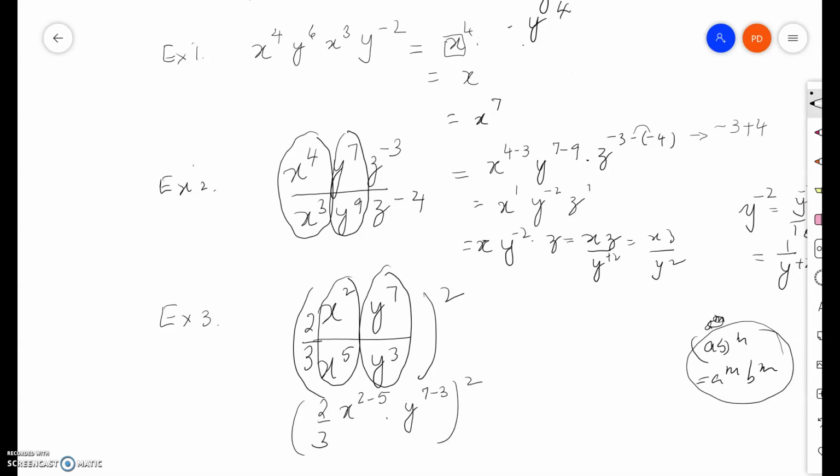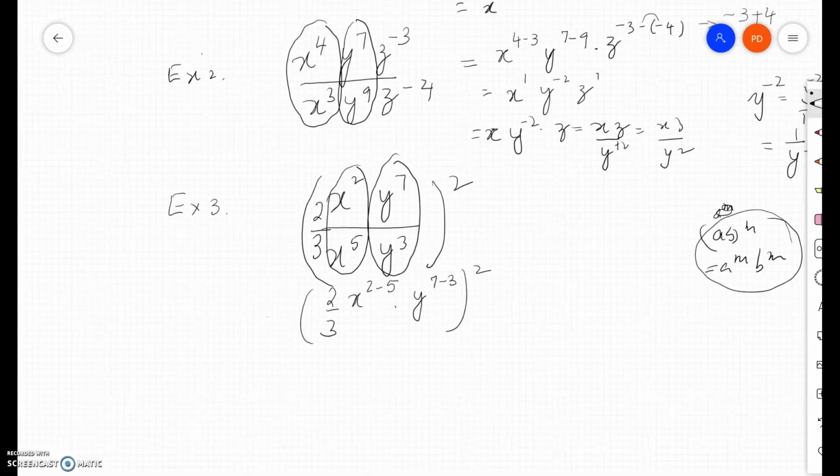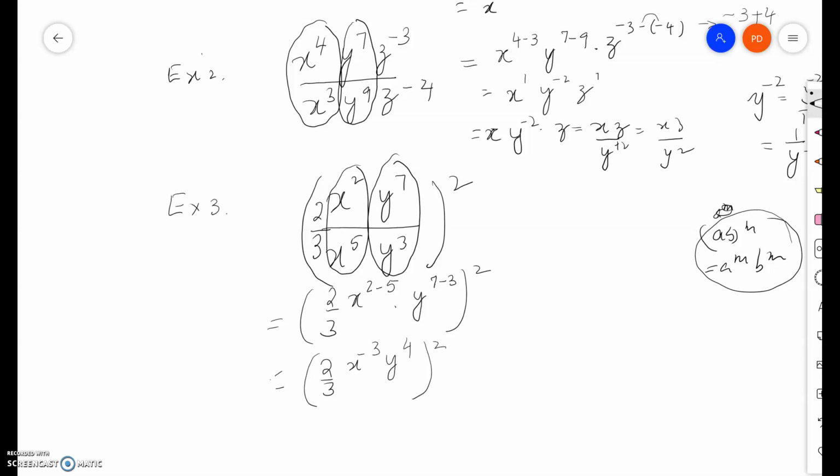I can worry about the whole square at the end once I've simplified the expression. So basically we work inside the parentheses first, make sure everything is simplified inside, and then finally we use the other rule. So 2/3 x to the negative 3, 2 minus 5 is negative 3, y to the 4th power, the whole squared.